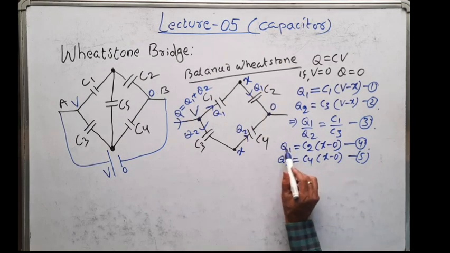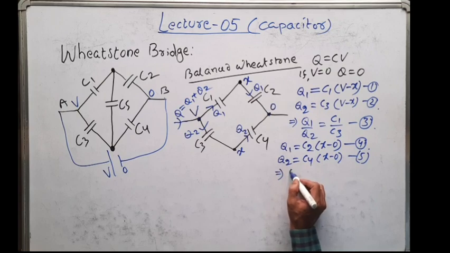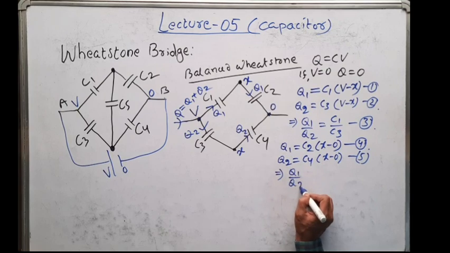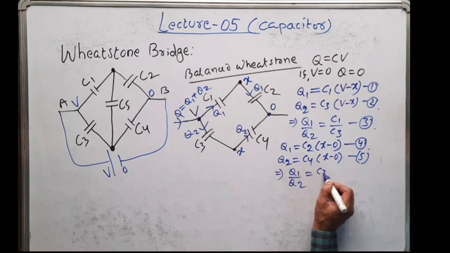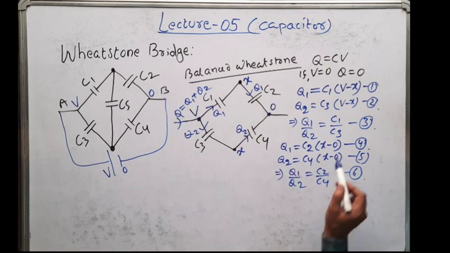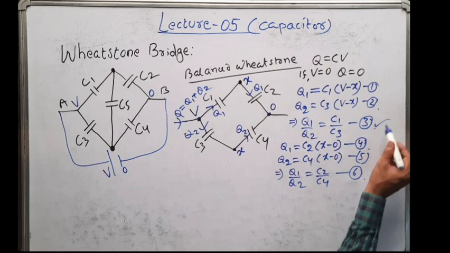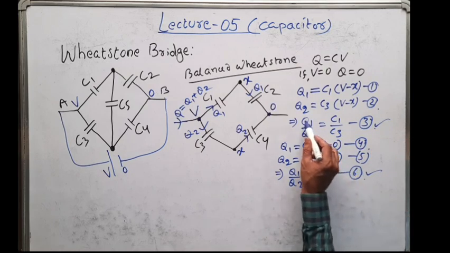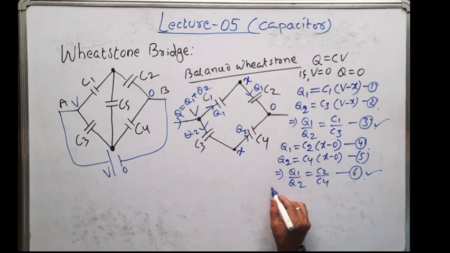Now divide equation 4 by equation 5. What will you get? You will get Q1 by Q2 is equal to C2 by C4. This is equation number 6. Now compare equation number 3 and equation number 6. Here Q1 by Q2 is equal to what?